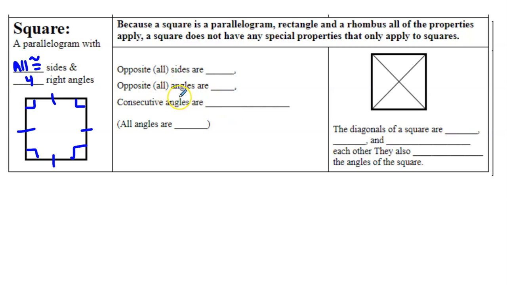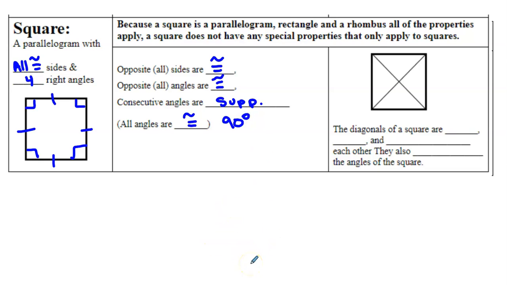Okay, because a square is a parallelogram, a rectangle, and a rhombus, all of the properties that we've learned for the past week or so also apply to squares. So anything that you can think of that we've learned so far, it definitely applies to a square. So all sides are congruent, opposite angles are congruent, consecutive angles are supplementary, and all angles are congruent, or all angles are 90 degrees, right?